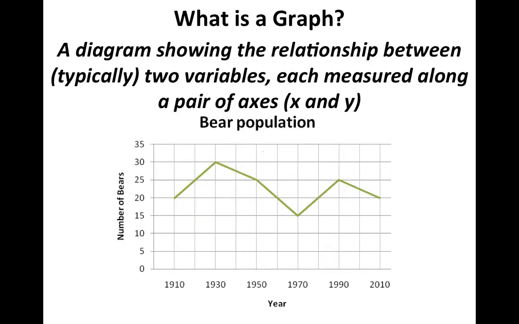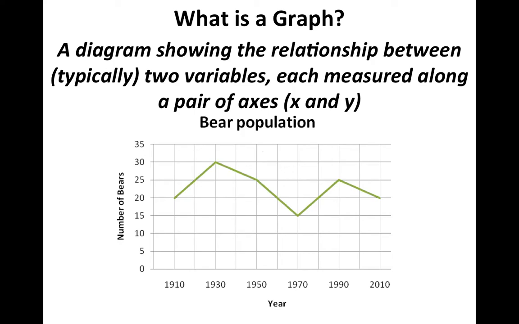Okay, all right, so what is a graph? It's basically going to be a diagram showing the relationships between two variables, okay? It could be more than that, but typically it's just going to be two basic variables. What's cool about graphs is that it actually takes all these numbers that you have and puts them into, I guess you can say, a story. It's a picture that tells a story. If we were to graph your bubblegum data, the best graph for that one would have been a bar graph.